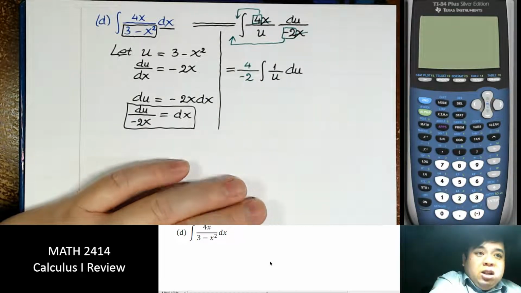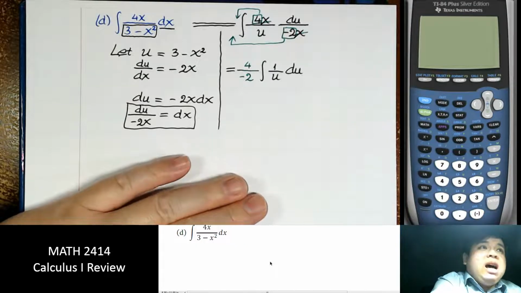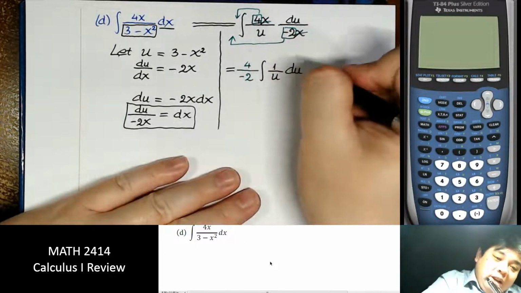Of course, we can write u to negative 1, but that is like the lateral move.